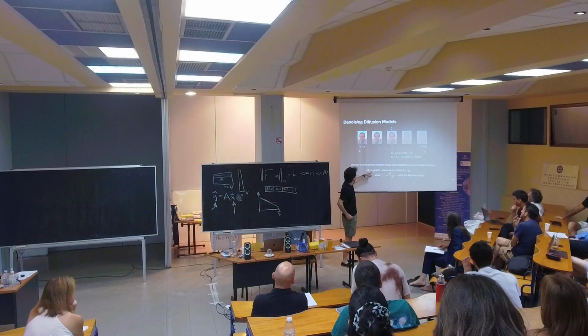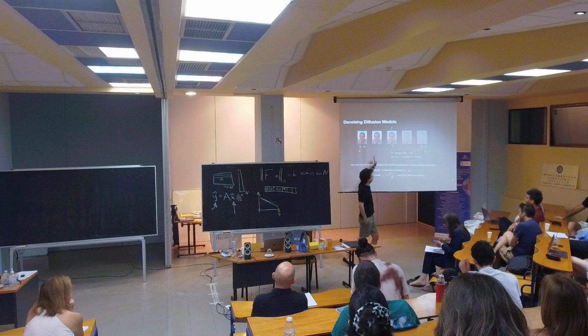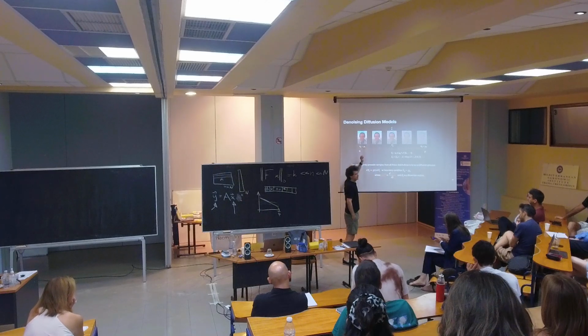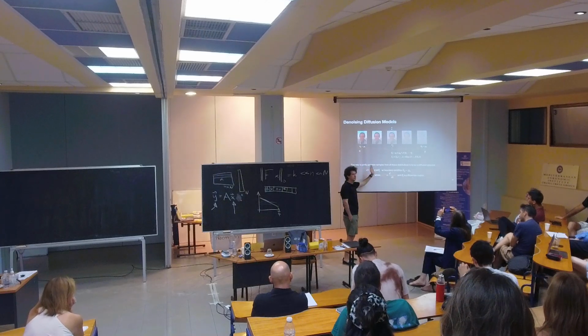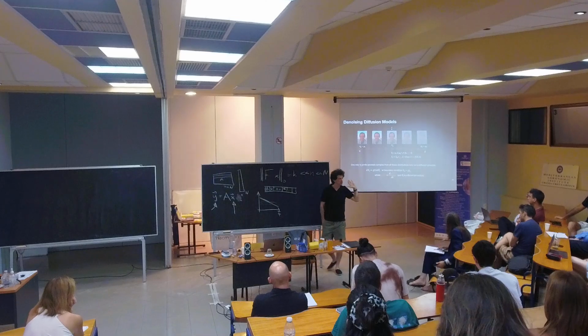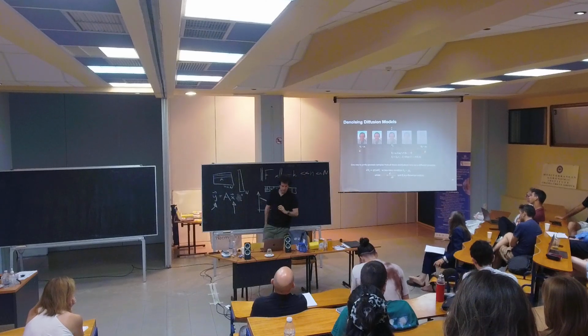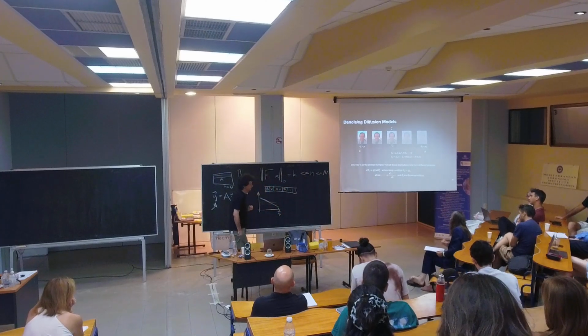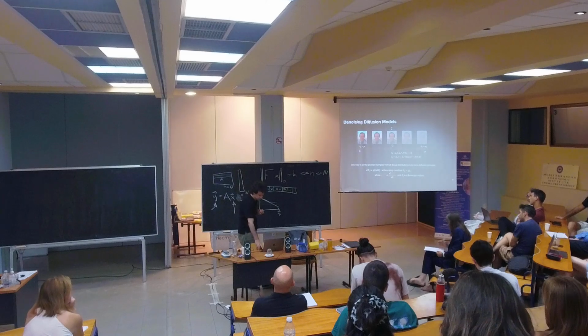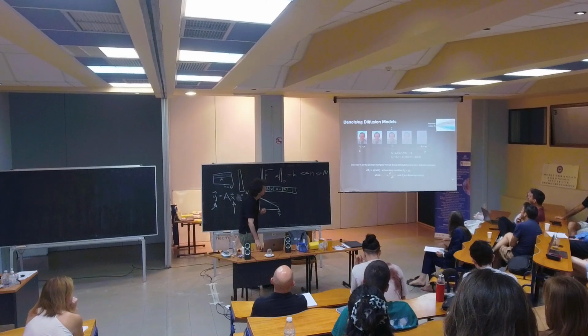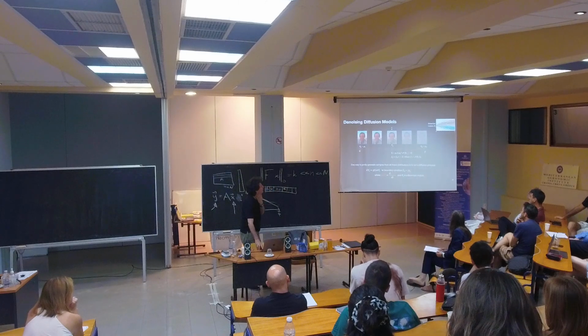Okay, so if you run this SDE, starting from a sample from the data distribution, you will get together the whole trajectory of samples that you see here on the screen. That's the Brownian motion, different trajectories from the Brownian motion.